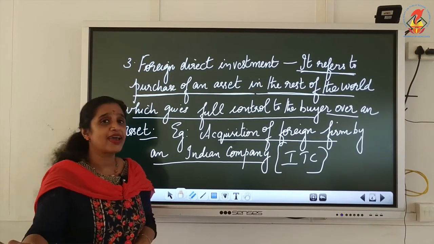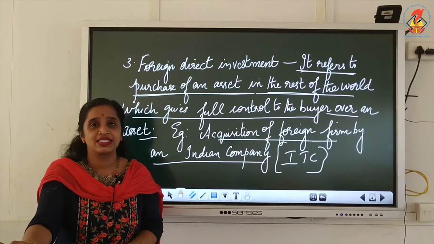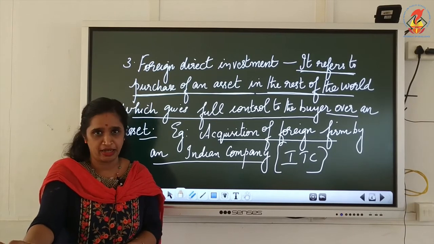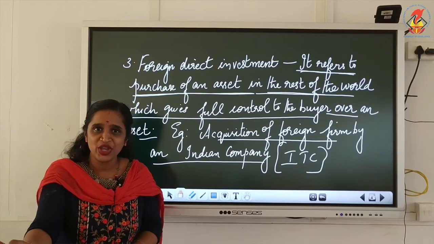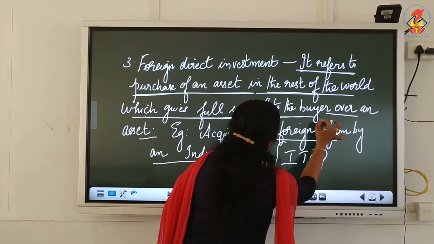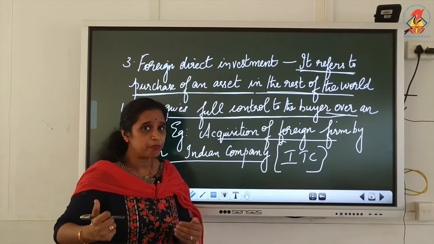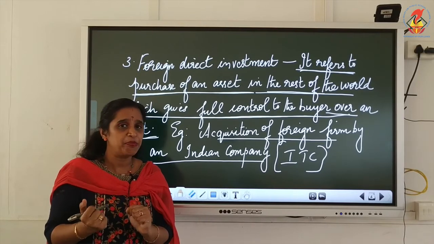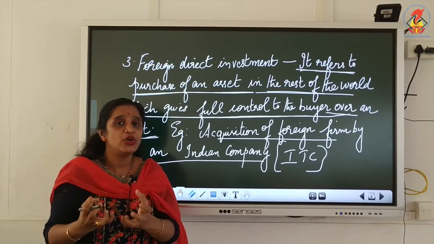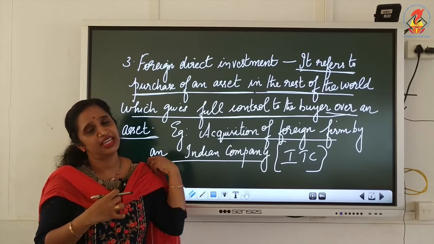So, foreign direct investment refers to the purchase of an asset by the Indian company in the rest of the world, which gives full control to the buyer over an asset. By doing that purchase, the Indian company is getting the full control over the asset. That is known as foreign direct investment.